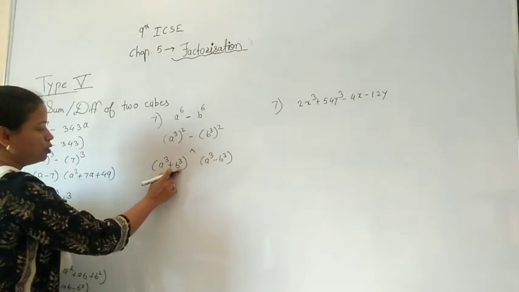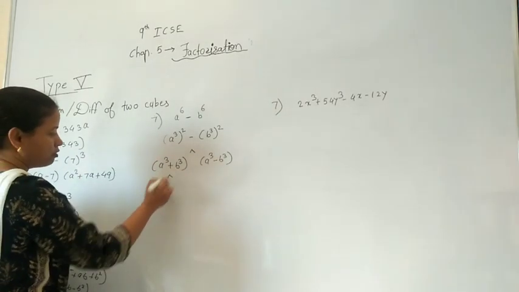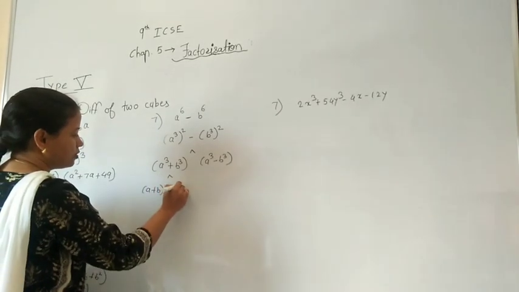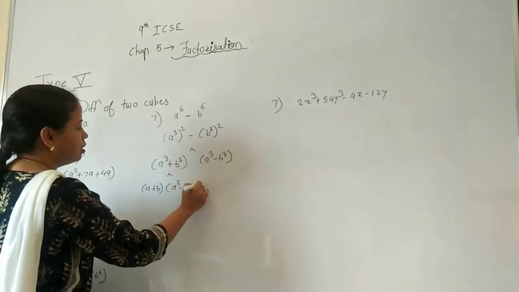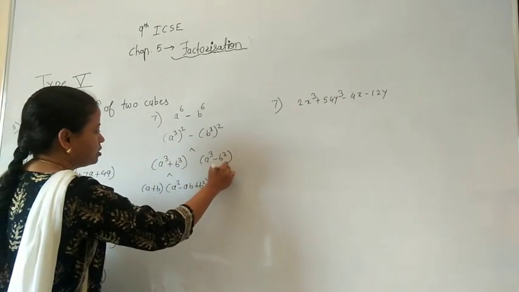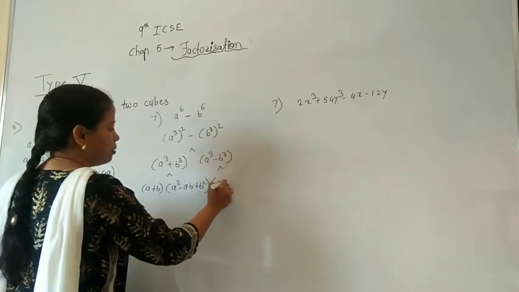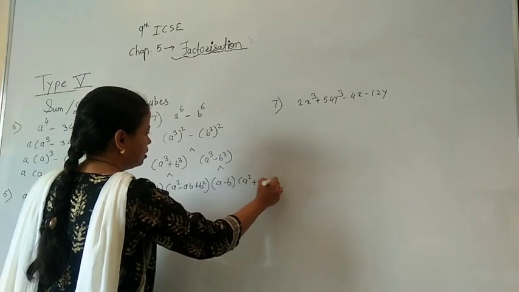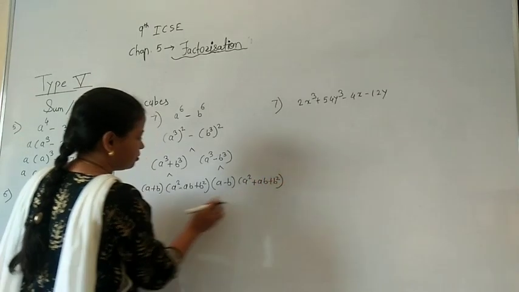Now a cube plus b cube, as we know how it factorizes, a plus b in the bracket a square minus ab plus b square, and this is factorized a minus b, a square plus ab plus b square.